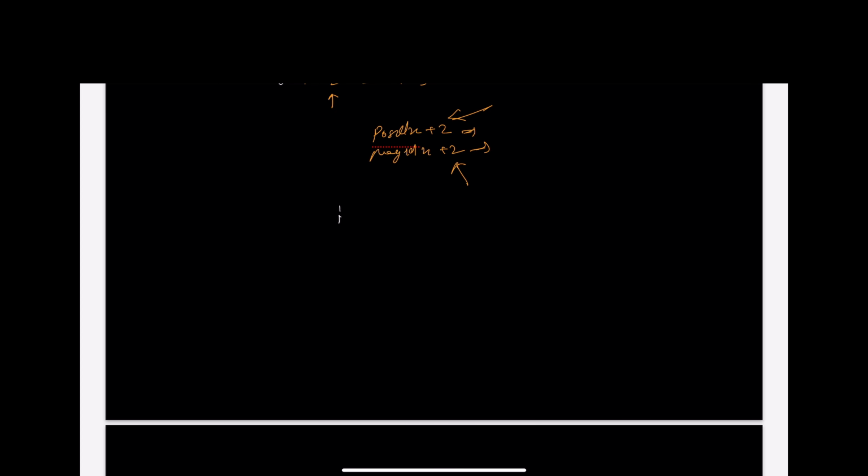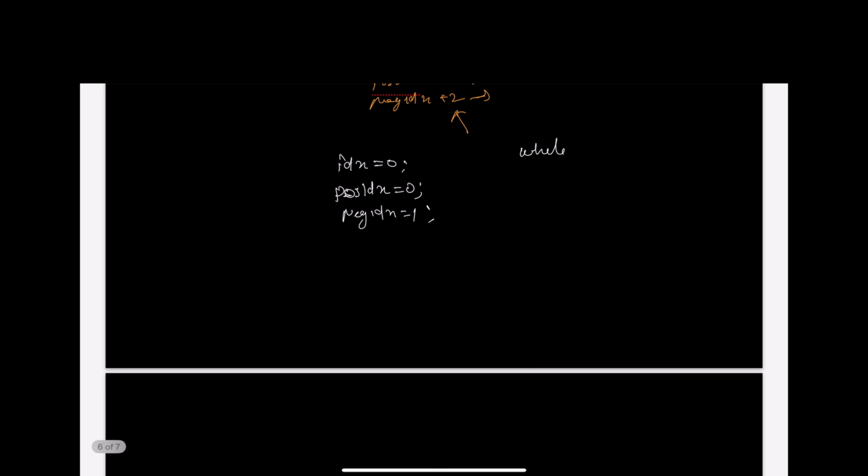So we took our index starting from 0, our positive index also 0, and our negative index starting from 1. Now while our idx is less than n, if nums of idx is greater than or equal to 0, we will insert into the new array at the positive index the value nums of i.